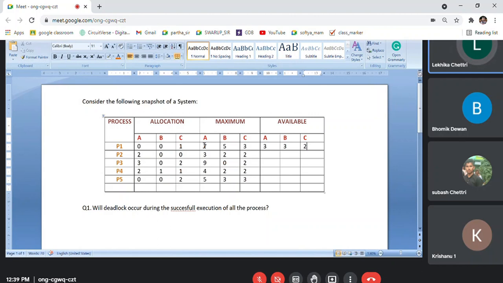See here, 3 against 7, so obviously it needs 4. If I assign all the 3, it still needs more. Then the system will enter into deadlock.